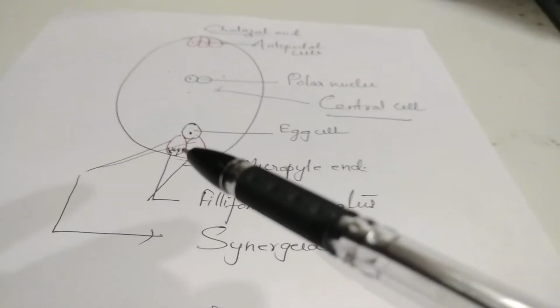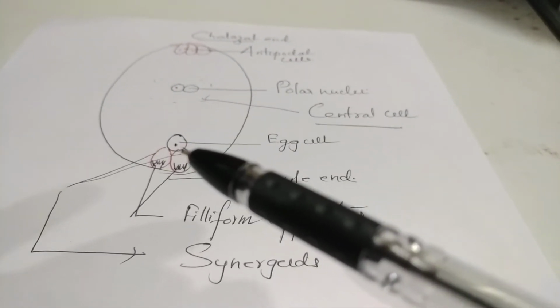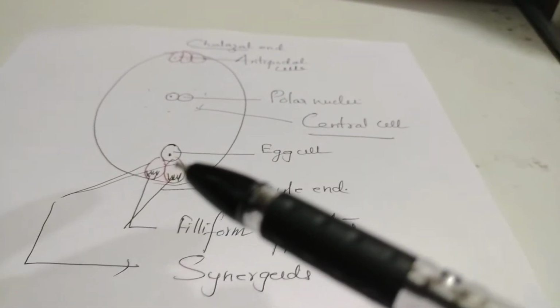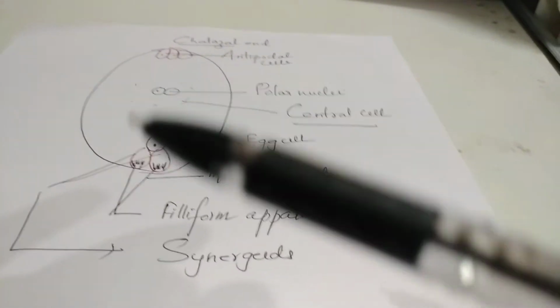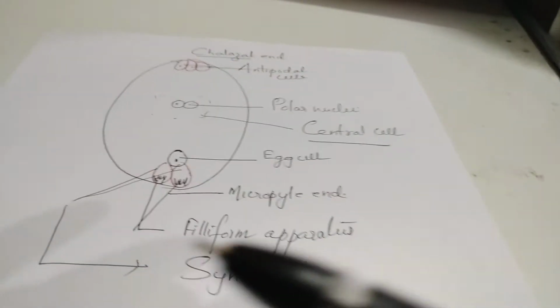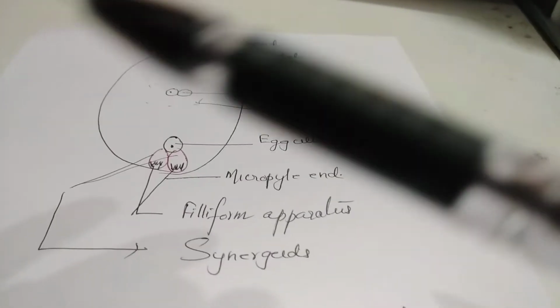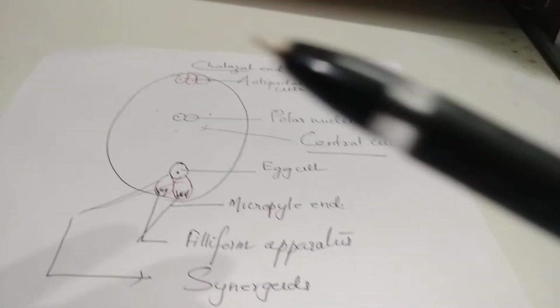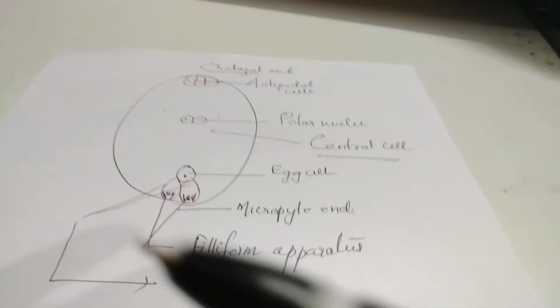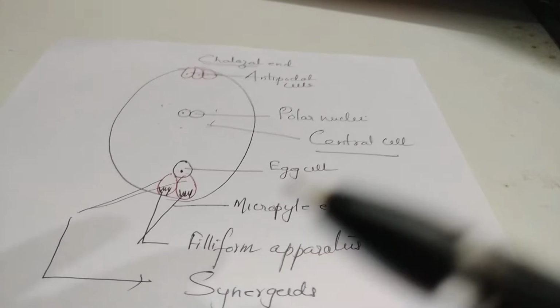What is its function? This filiform apparatus guides the pollen tube which contains the male gametes for fertilization. So this type of embryo sac, we call polygonum and monosporic. In 80% of angiosperms, you'll come across this type of embryo sac, the polygonum.